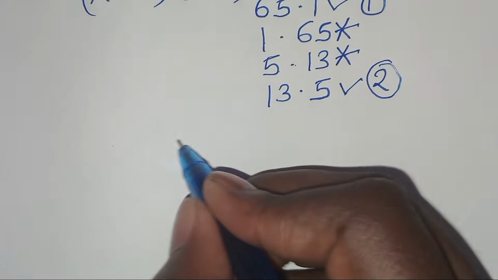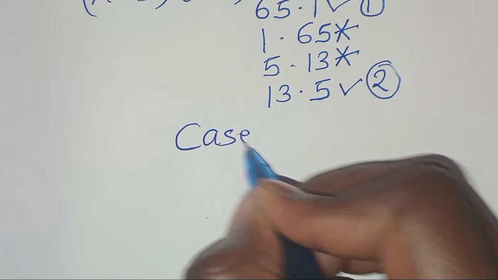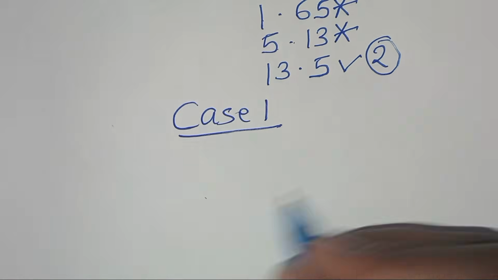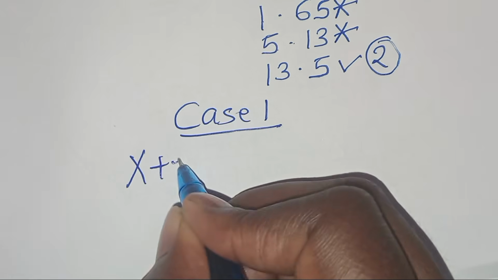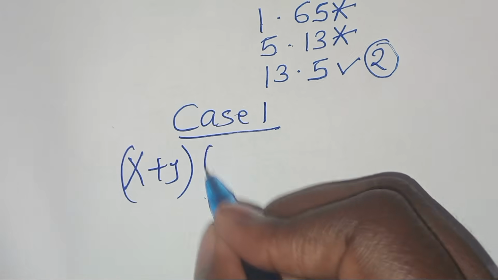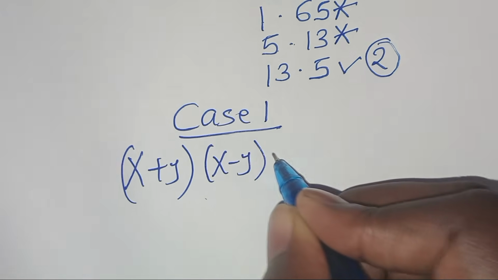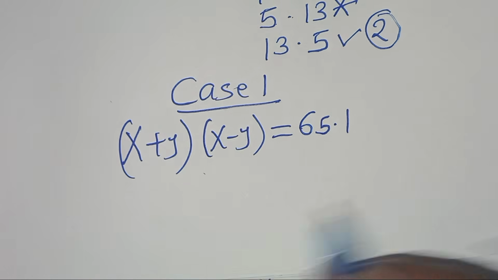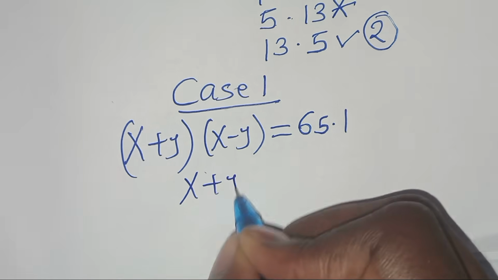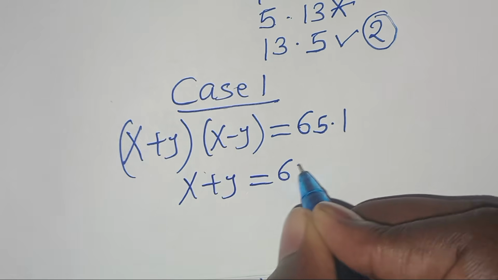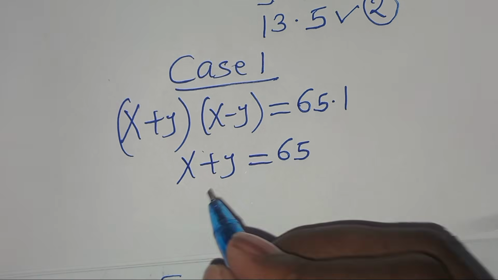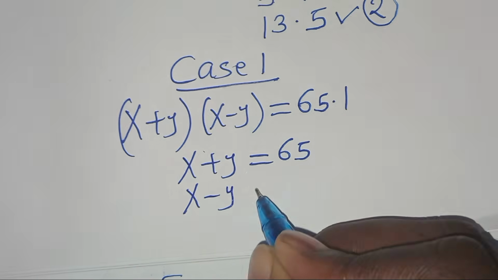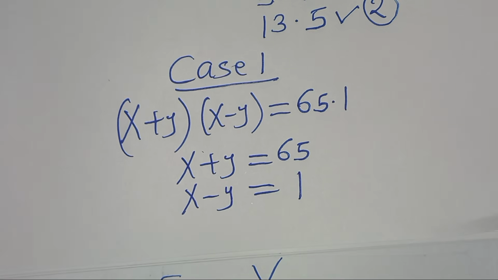So let's start with case 1. In case 1, x plus y times x minus y is equal to 65 multiplied by 1. So x plus y is equal to 65, and x minus y is equal to 1.